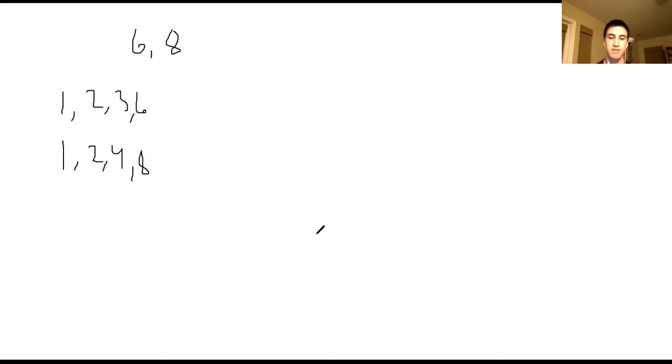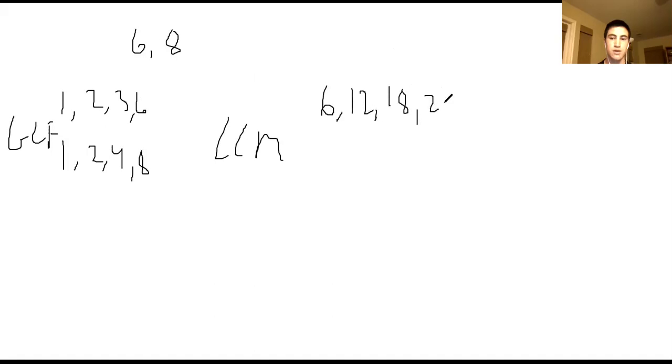Now, if we use these same numbers, so this is GCF, greatest common factor, if we're going to find the least common multiple, now we're listing out the multiples. So 6, 12, 18, 24, 30, 36. That's 6 times 6.